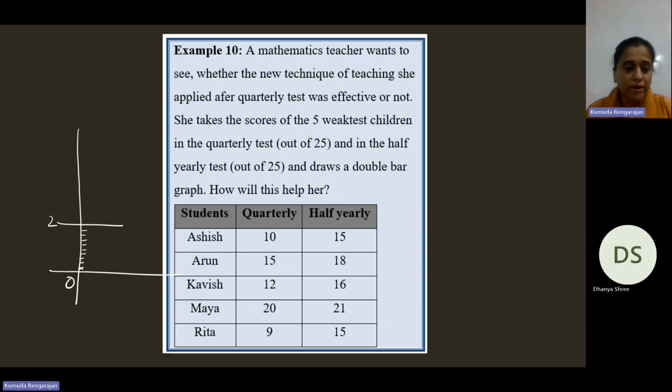So 0.2, 0.4, 0.6, 0.8, 1, 1.2, 1.4, 1.6, 1.8, 2. Whatever scale you take, you can read the subdivisions between them very clearly, meaning you will have a fixed value for every subdivision, a correct exact value without any approximate value.